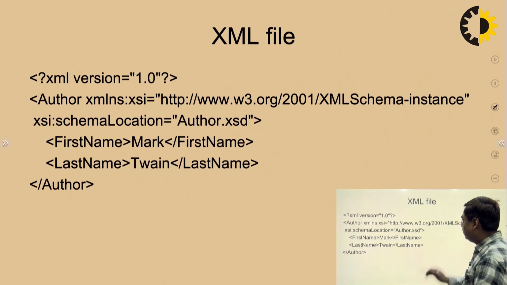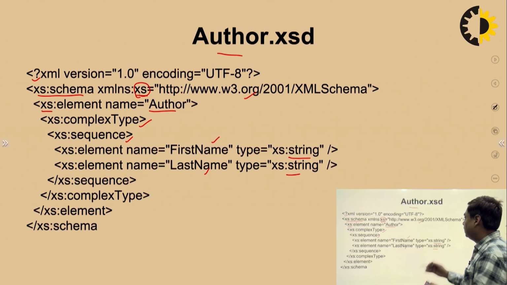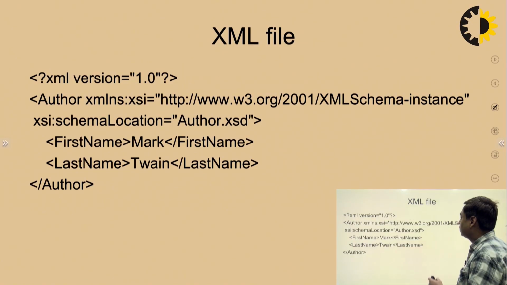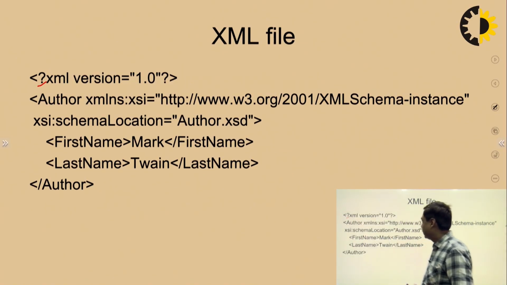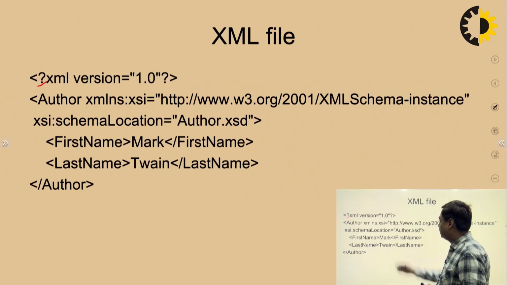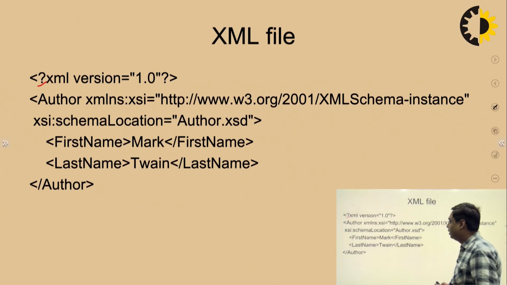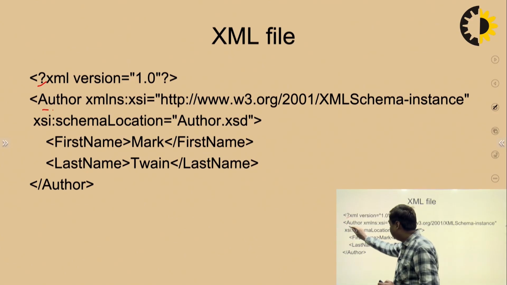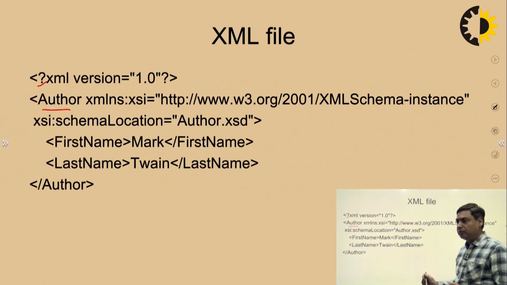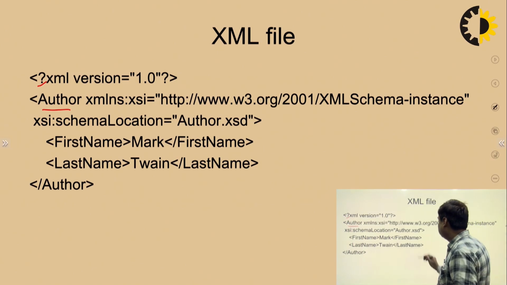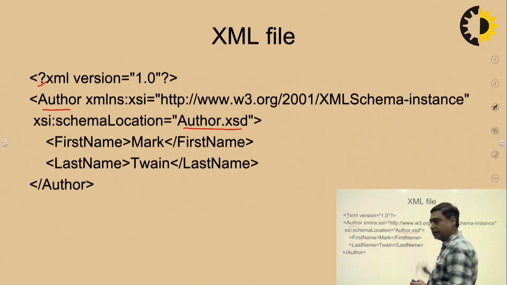Now, we want to include this XSD file in an XML file. So this is the XML file. It again starts with XML version 1.0, which denotes that it is an XML file, and author is the root element. Within the root element you have to include the name of the XSD file, which is author.xsd.